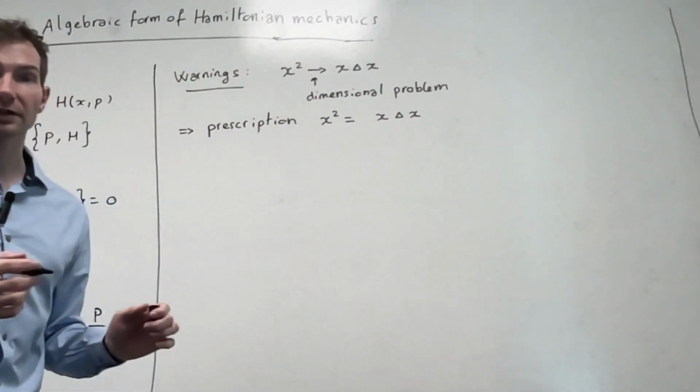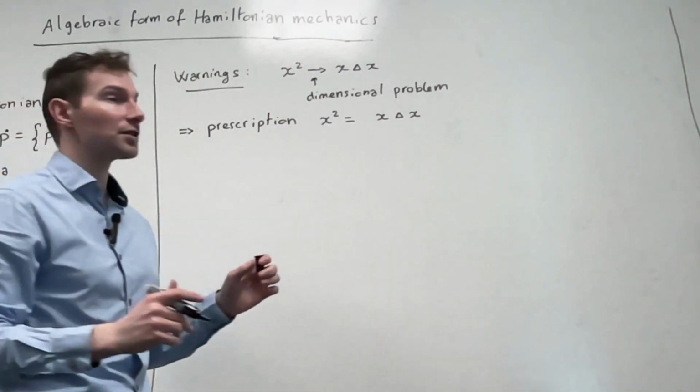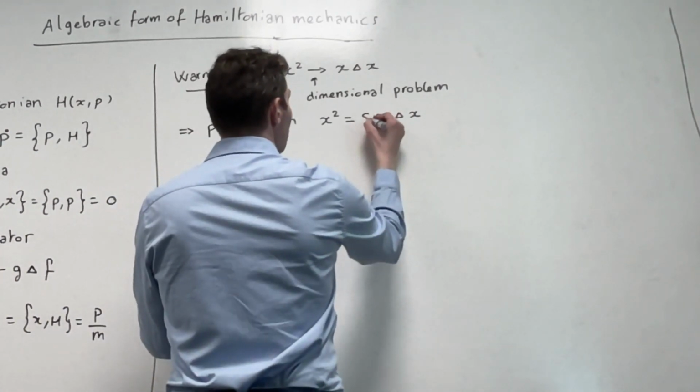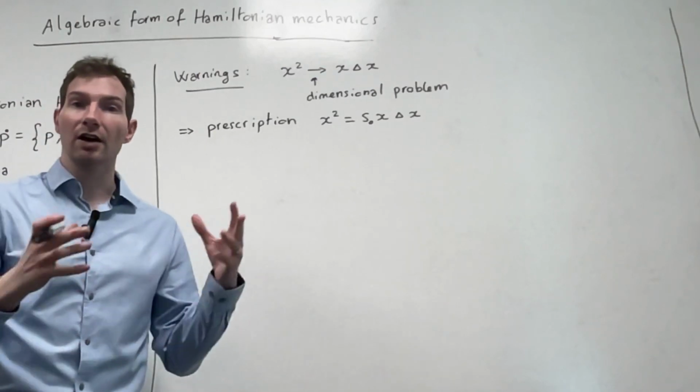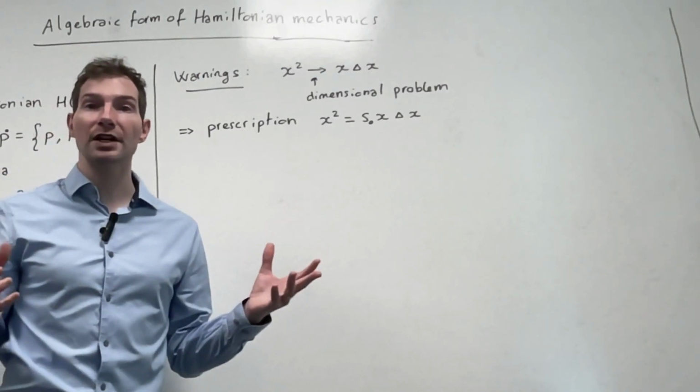That's fine to write this, but then for dimensional reasons, I need to multiply it by some quantity S0, S for action, and S0 for some kind of reference action.